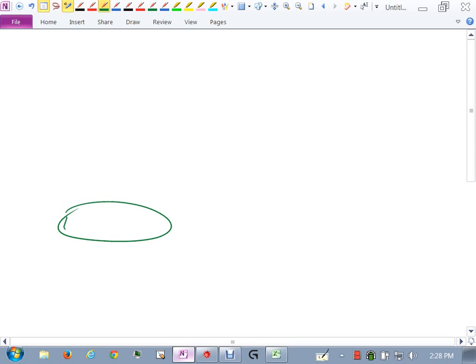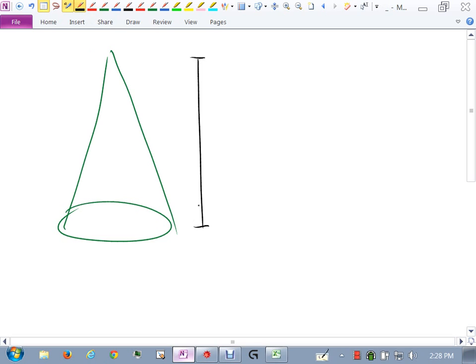If you look it up, it'll probably have a picture like this. If this is your height and this is your radius, then the volume will be 1/3 pi r squared h. That's what the volume of a right cylindrical cone is.